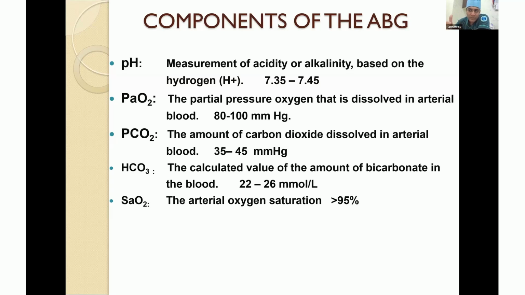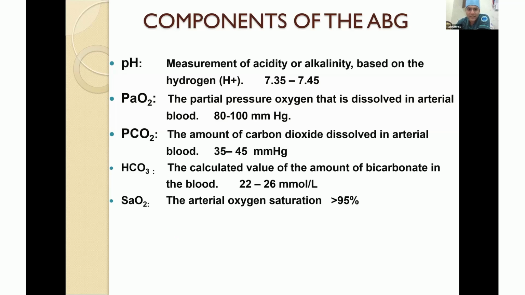Most important will be pH. pH is the measurement of acidity or alkalinity based on the hydrogen ion. The normal value of pH, very important, till 2 decimals, is 7.35 to 7.45. So you should not say it is 7.3 to 7.4. Up till 2 decimals, the value needs to be told. So it is 7.35 to 7.45.